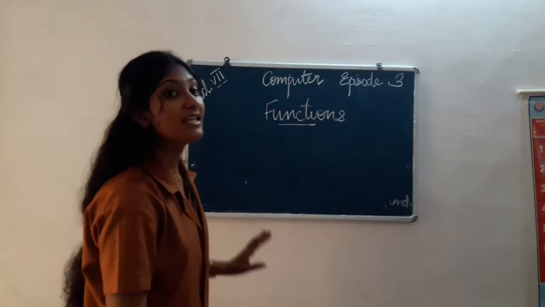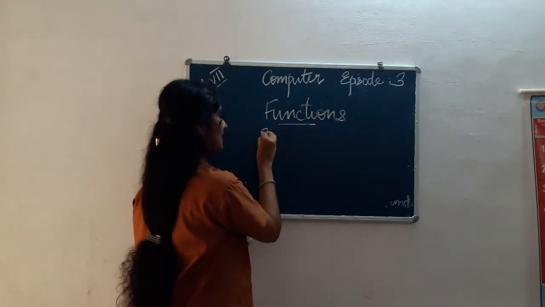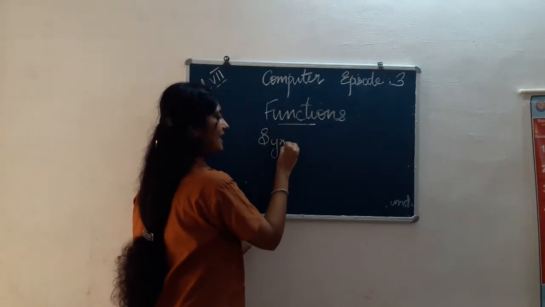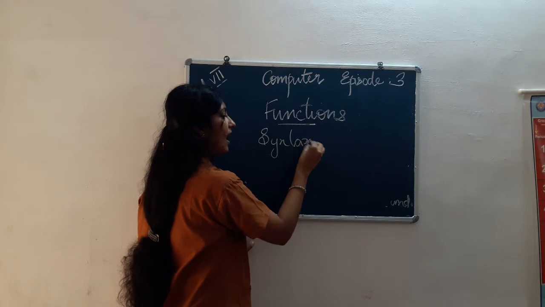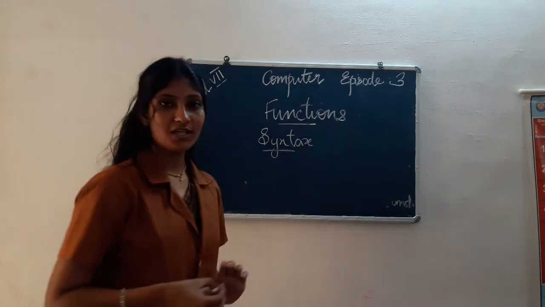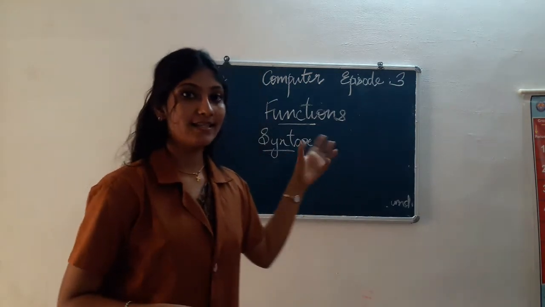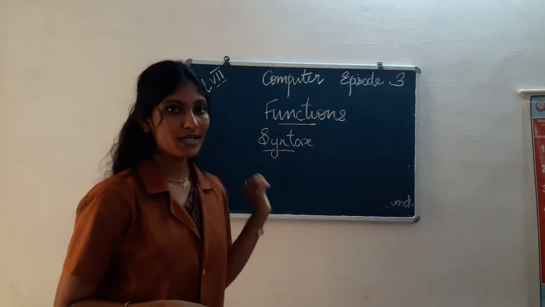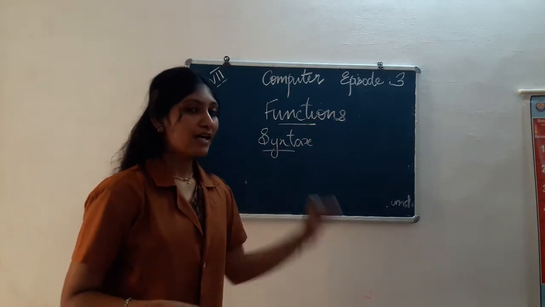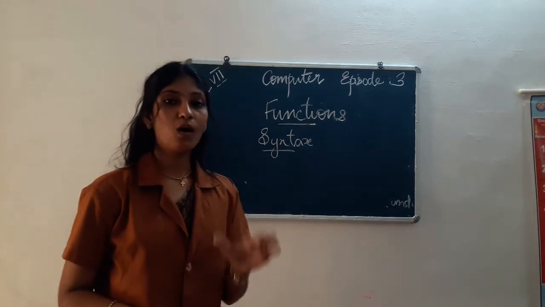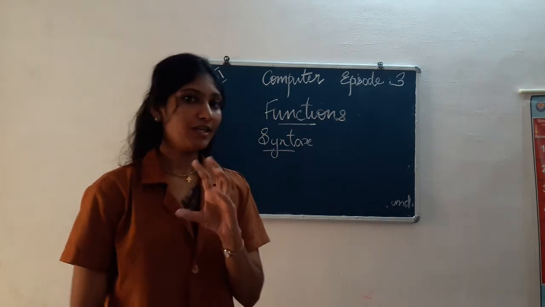The next part is the syntax of a function. Syntax means how to enter a function in a cell. There are some rules that are known as syntax. All functions have a purpose.